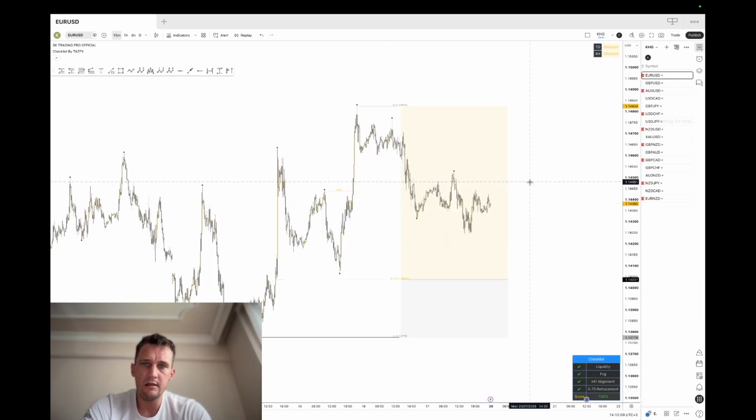EUR/USD is the same. I mean, the market made a huge one candle push, right? You see that push leaving the market with gaps, and you want your gaps to be aligned with your 75 level.